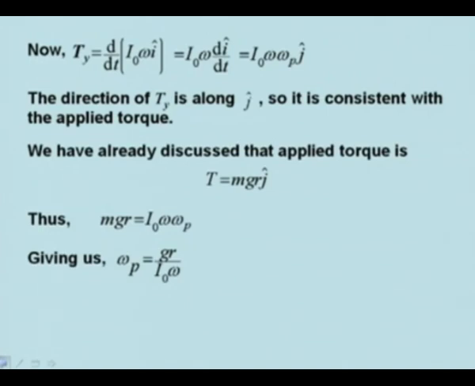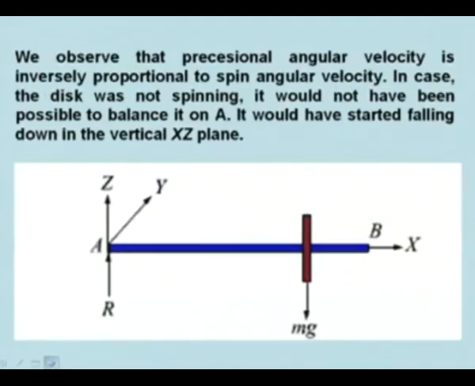So spin provides some sort of stability. You require more torque to precess it.